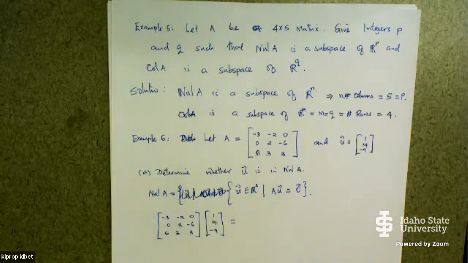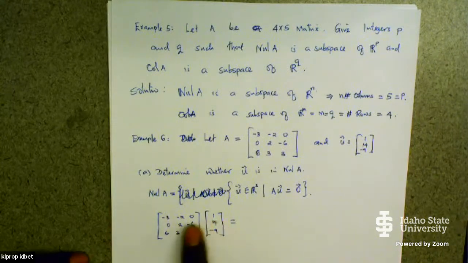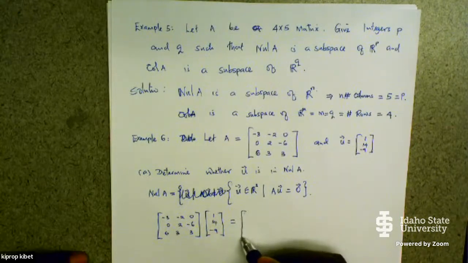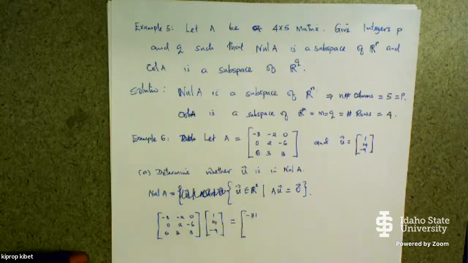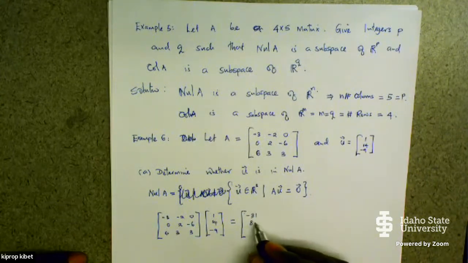So when you multiply that, let's check the first one. -3 multiplied by 1 is -3, then -28. Of course, it will not be equal to 0. So the first entry is equal to -30. The next one is 0, then 28, then 54, which gives 82.